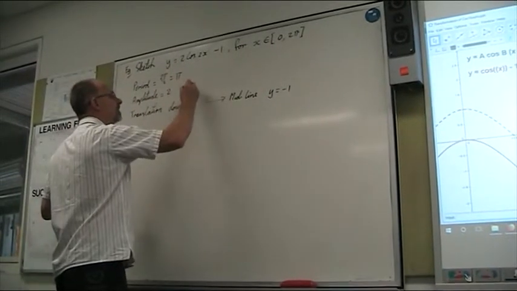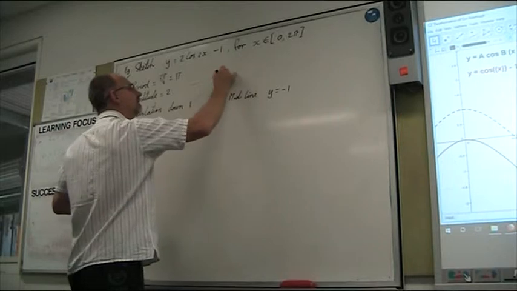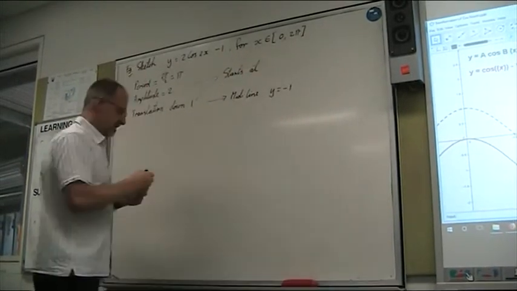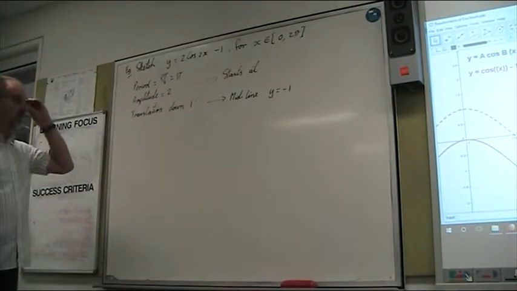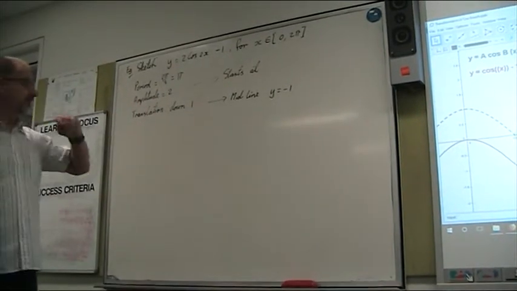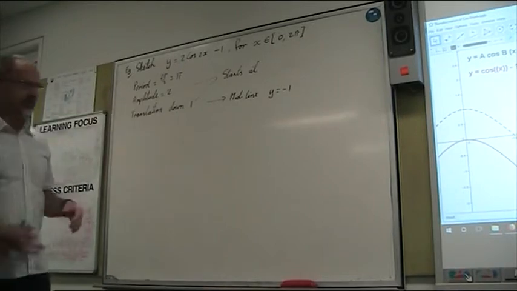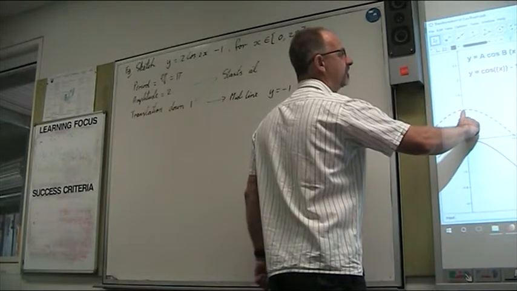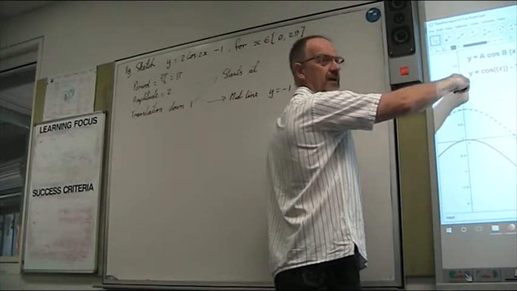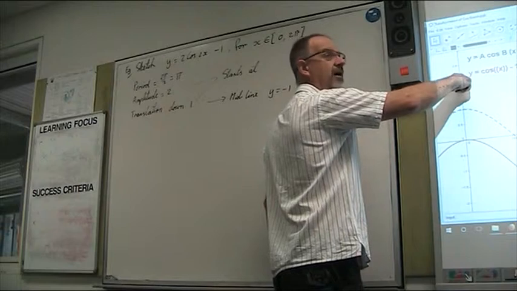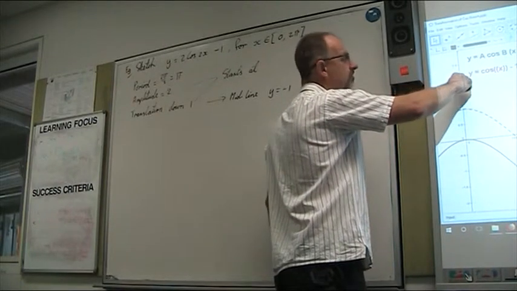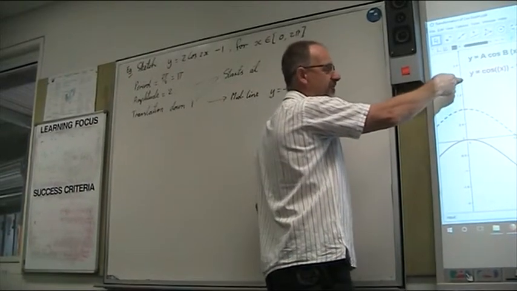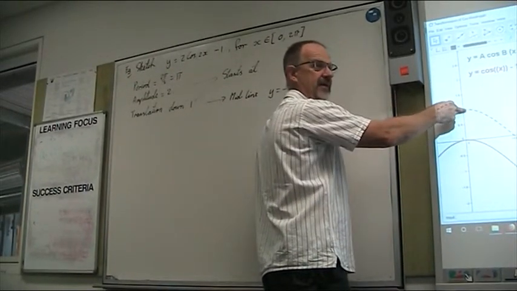But when we put these two things together, they are going to give our starting point. So amplitude is 2. If this one's an amplitude of 1, the amplitude of 2 would put this point up here. But then we've got a translation down, so it's going to move the point from there back down 1.